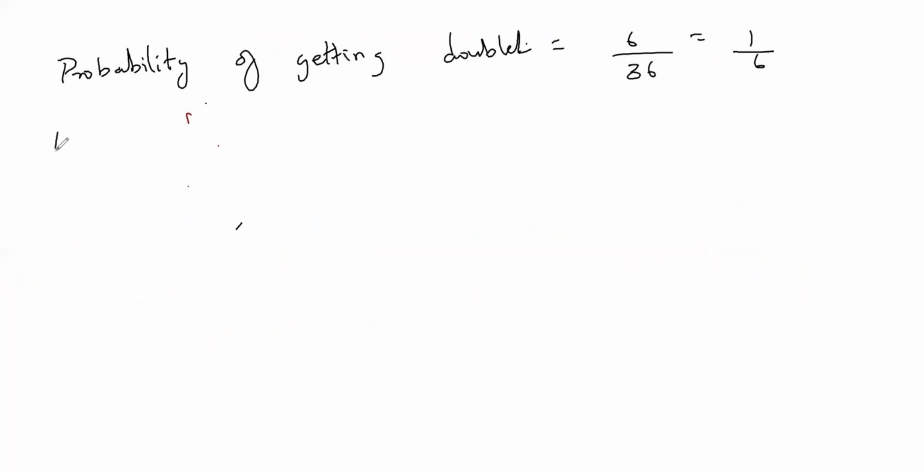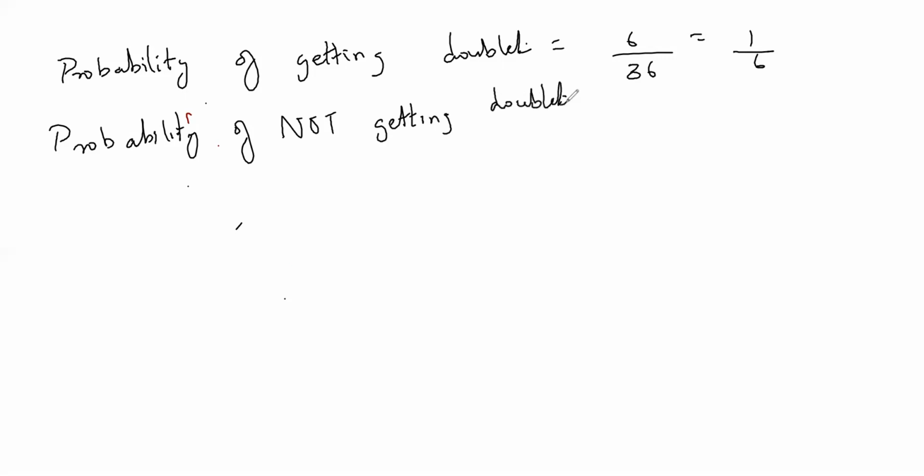We got it. So what is the probability of not getting a doublet? Common sense we have to just use, that's all. If 1 out of 6 are doublets, then the remaining 5 will be non-doublets. Correct? Or else 30 by 36. That's it.